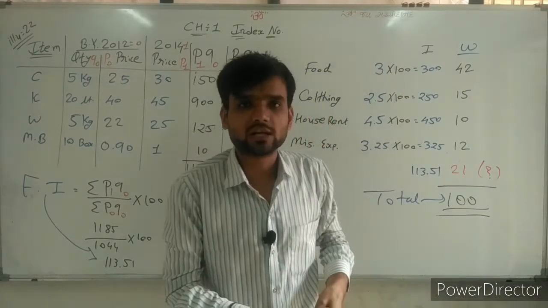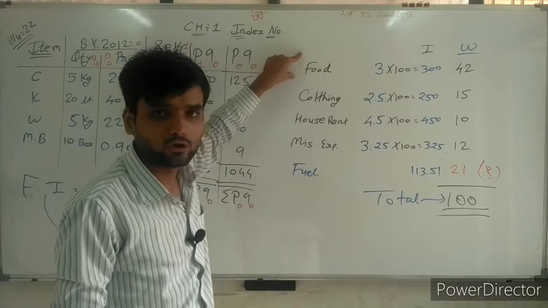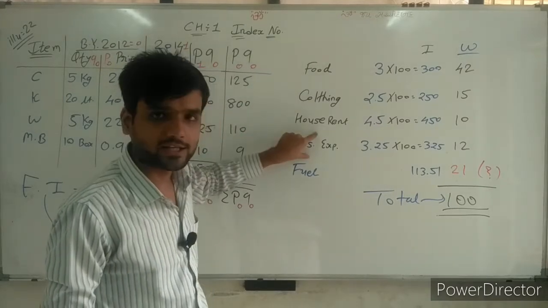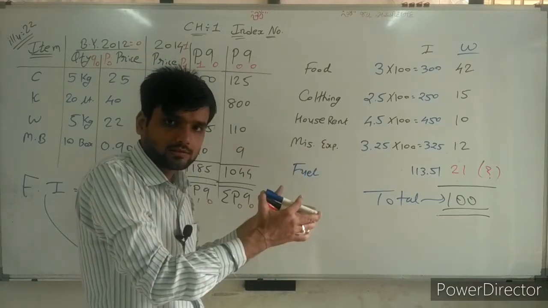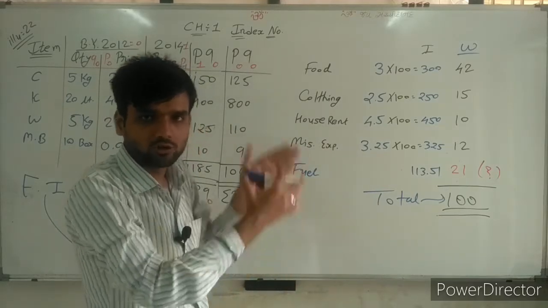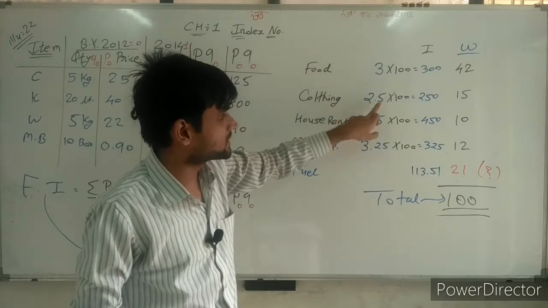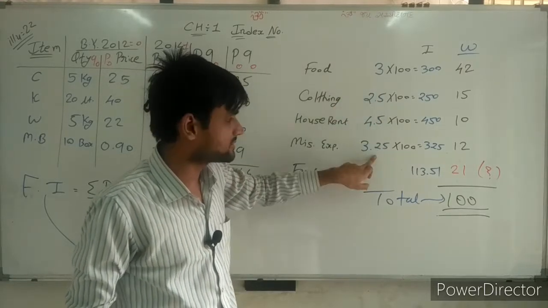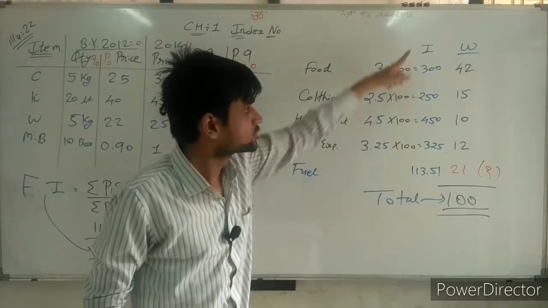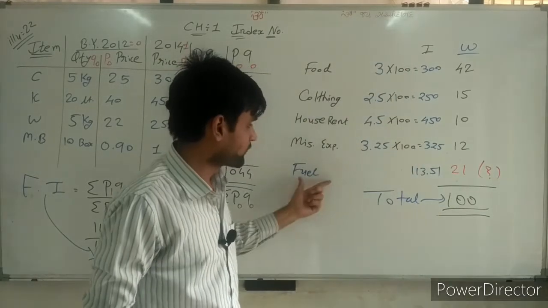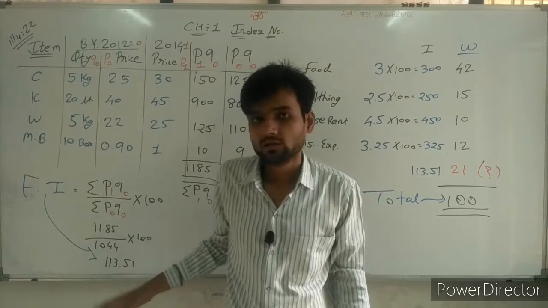Next, information is given about food, clothing, house rent and miscellaneous. Compared to 2012, in 2015, 3 times, 2.5 times, 4.5 times, 3.25 times are given. So 100 into that is done. So it is my I. For the fuel item, I is here.